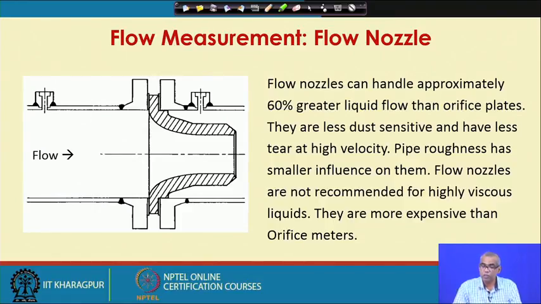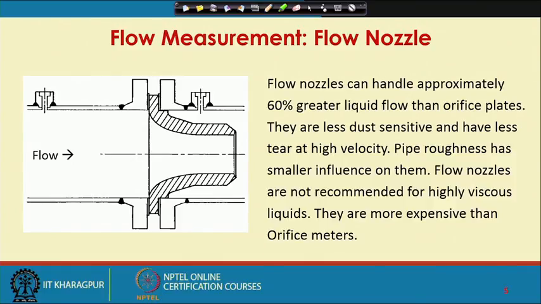Remember that we talked about the sensitivity of the orifice plates to flow which has suspended particles, because the sharp edged orifice plates can undergo wear, and that can change the calibration, because it can change the discharge coefficient.